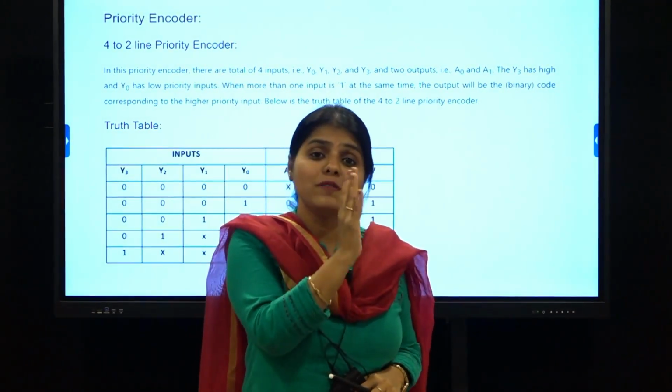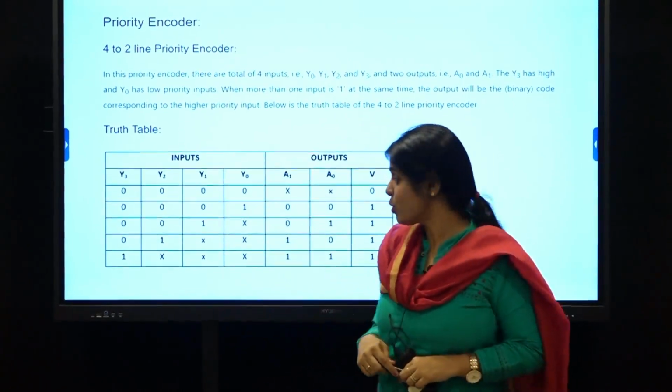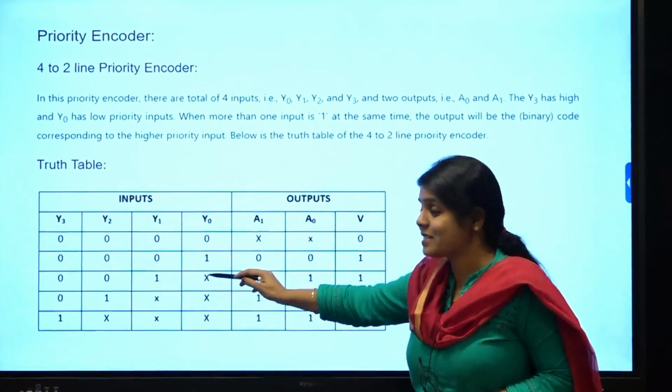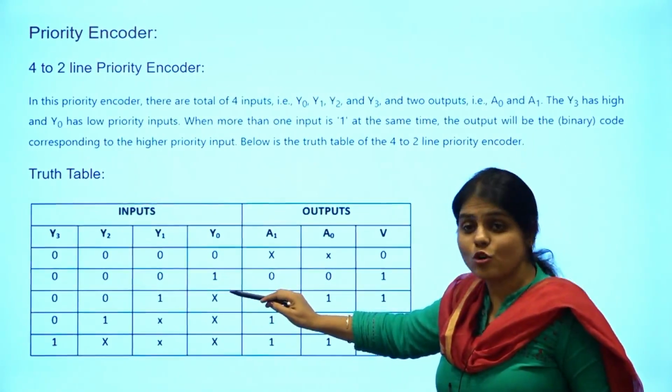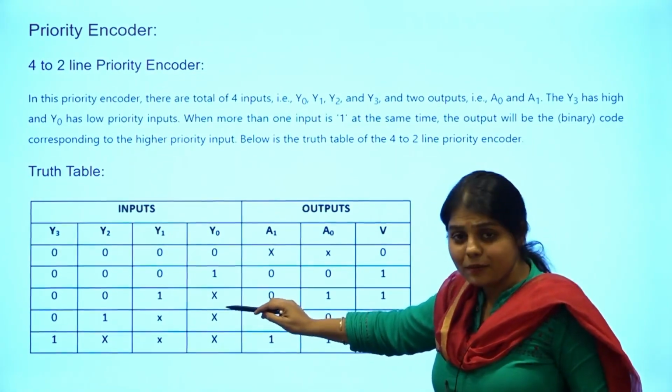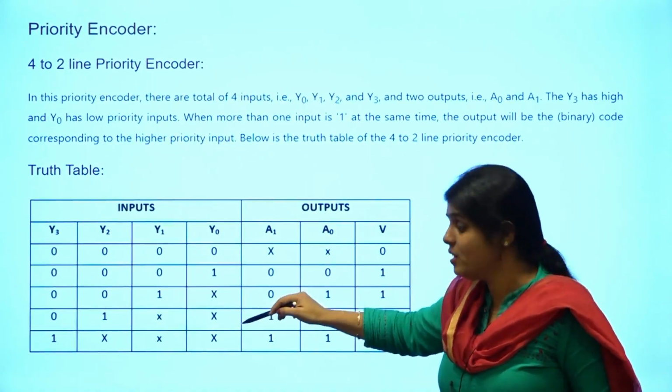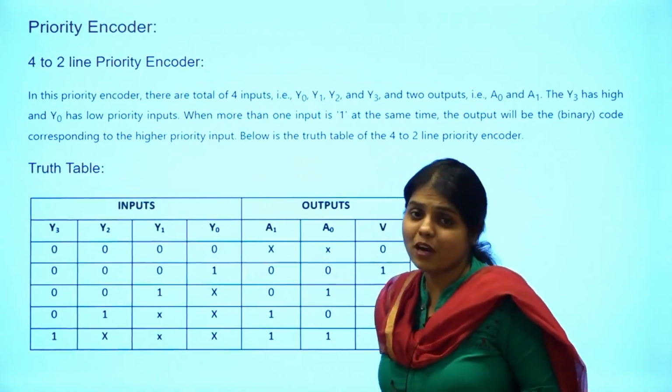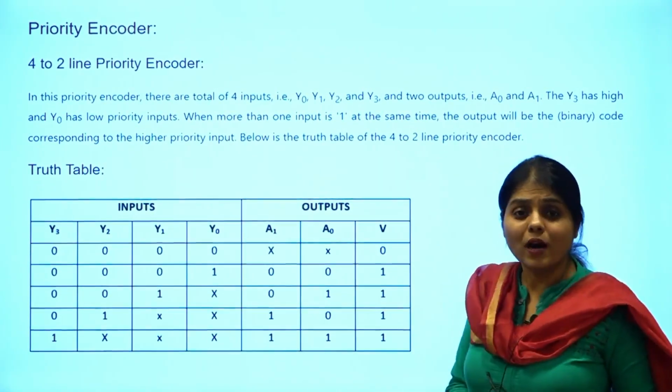The priority will be given to the highest number. That is the reason we put X here. This X represents either 0 or 1. So even if two inputs are 1, the priority will be given to Y1, hence the output would be 0, 1.